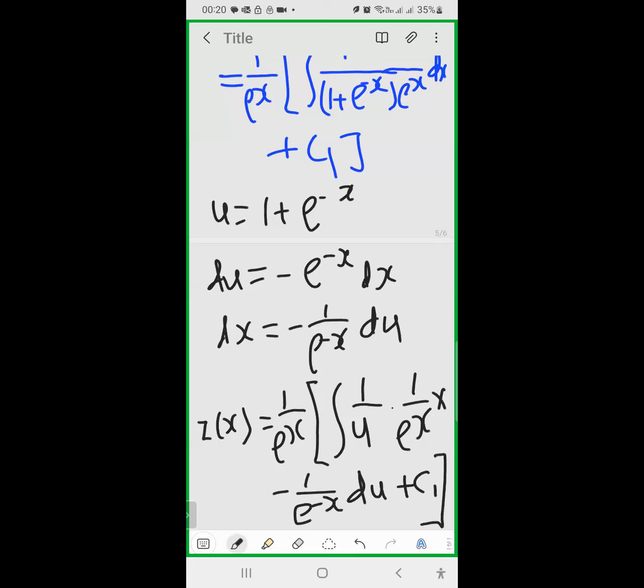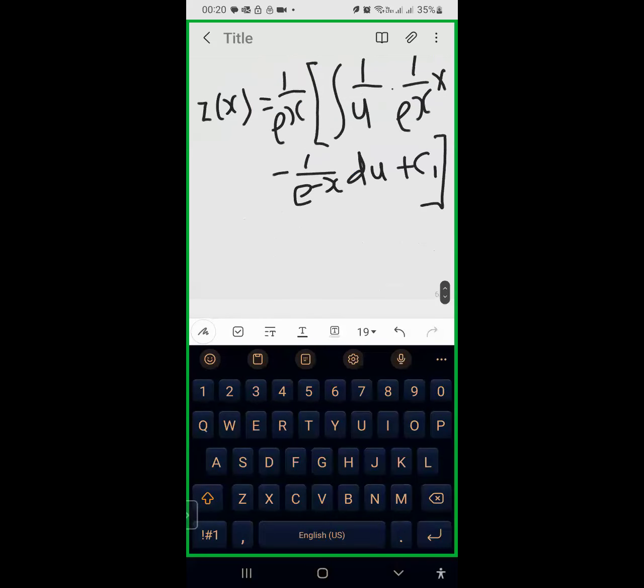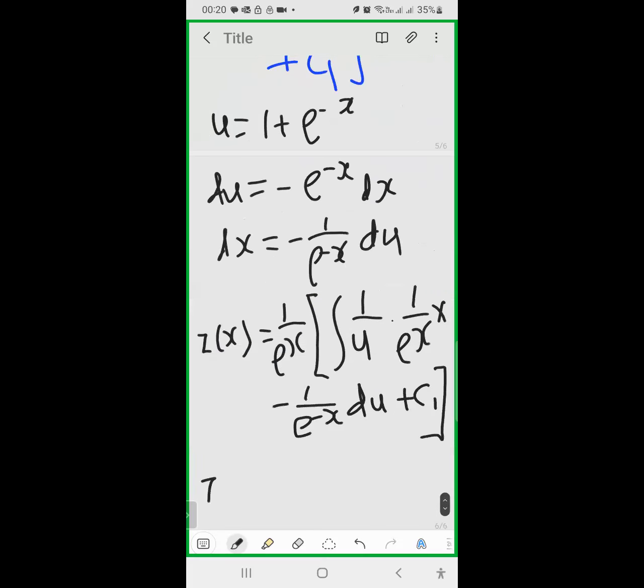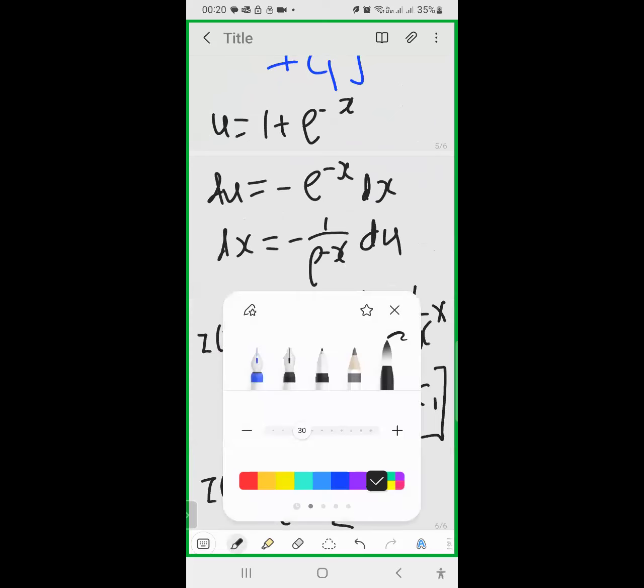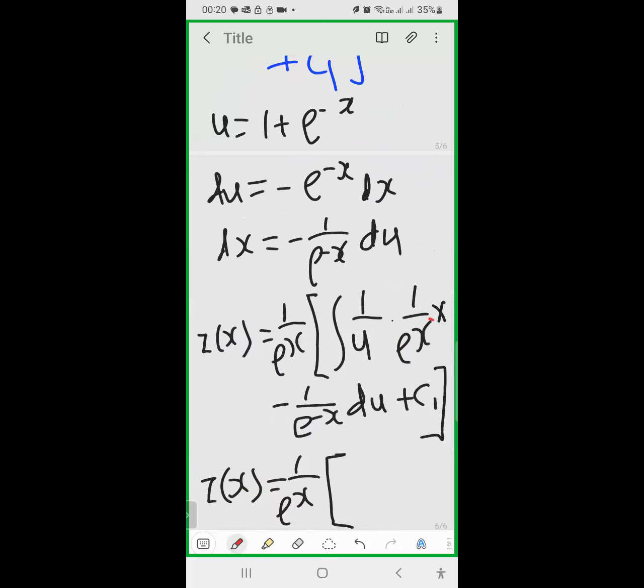And then from here, we're gonna get that z of x is equal to 1 over e to the power x, then into, we can notice that we have e to the power x and e to the power minus x, which is going to be e to the power 0. So 1 over 1 is 1.